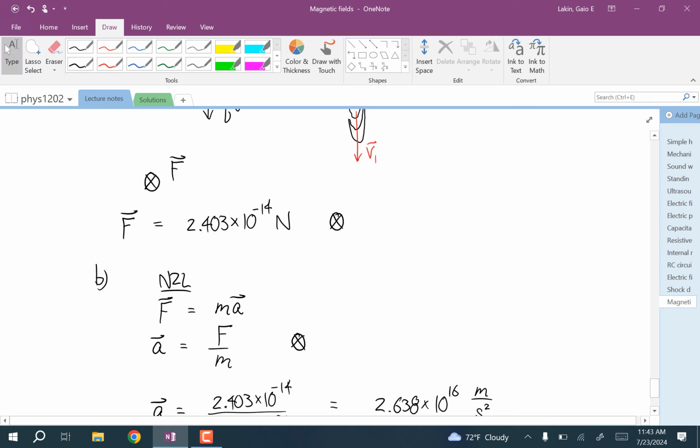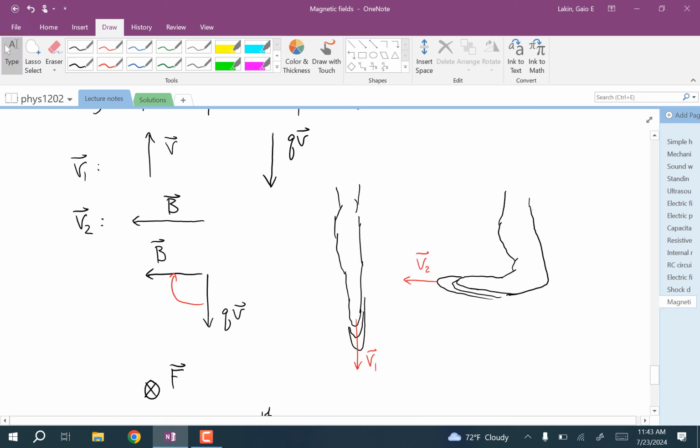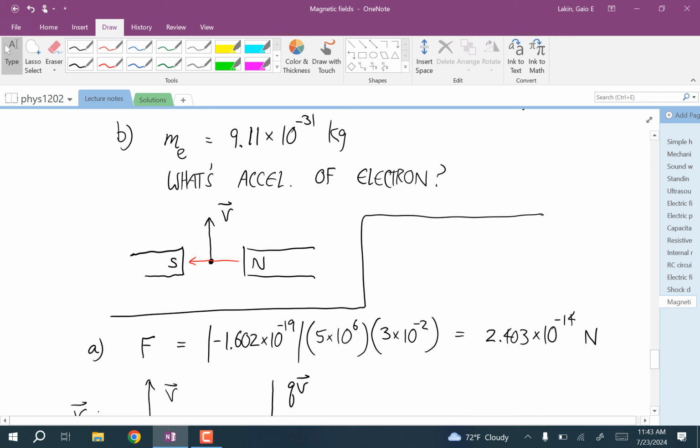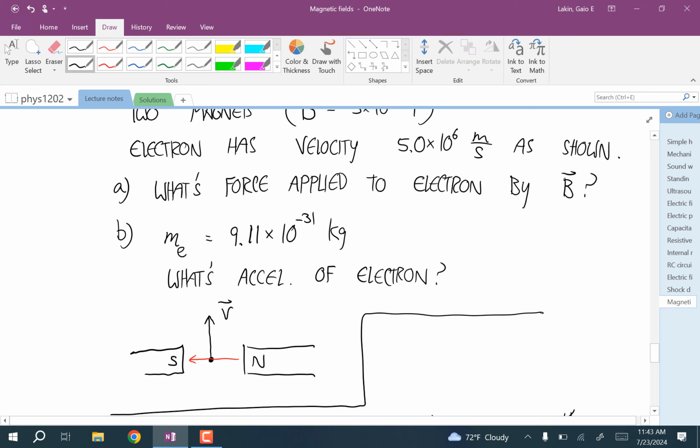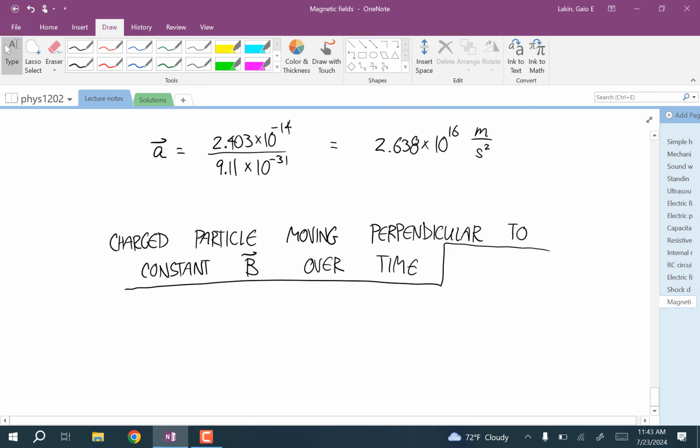The difference is the one we just did, we didn't do this calculation over time. We just said, this is what's going on at this single instant. Now we're going to say that at every point that magnetic field is the same, and what does the particle do as time goes by?